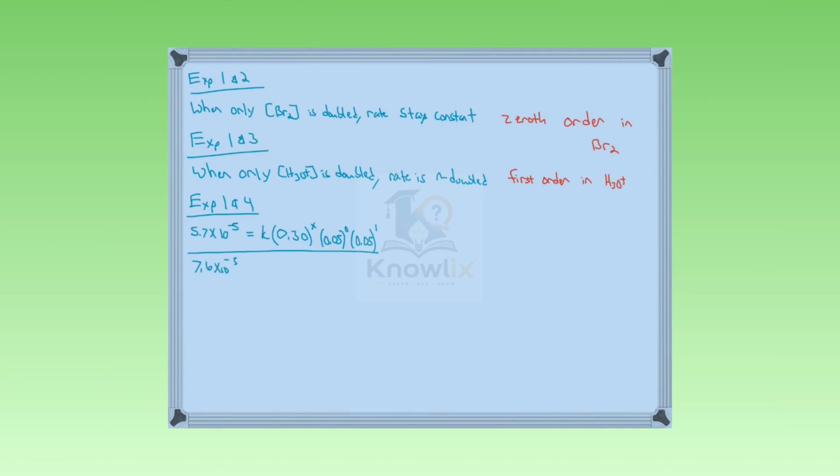We'll then divide by the data found in experiment 4, where we'll take the rate of experiment 4, set it equal to K, multiplied by the concentration of acetone raised to the X, multiplied by the bromine to the 0, and the H3O+ to the 1. The K's cancel, and these concentrations cancel. So we end up with 0.75 being equal to, this ratio is also 0.75 raised to the X, so X is 1. Thus it must be first order with respect to acetone.